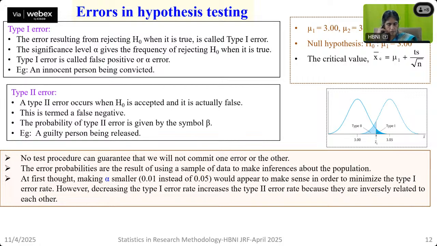This portion is called the beta portion of the second curve. This type of error is called type 2 error. Falsely, we are considering it as not a part of the second population. False rejection, false negative of the alternative hypothesis. So this is like a guilty person being released during the court decision.